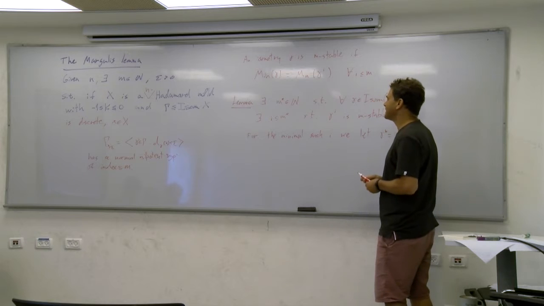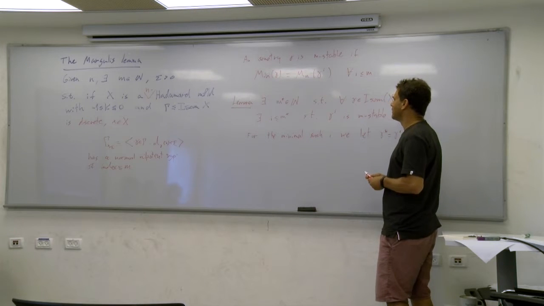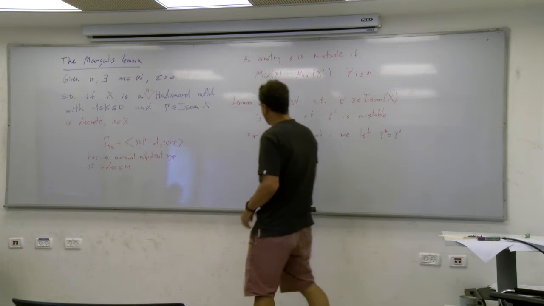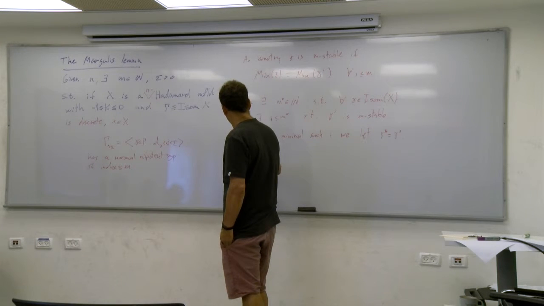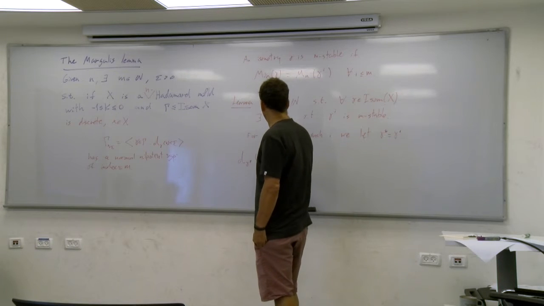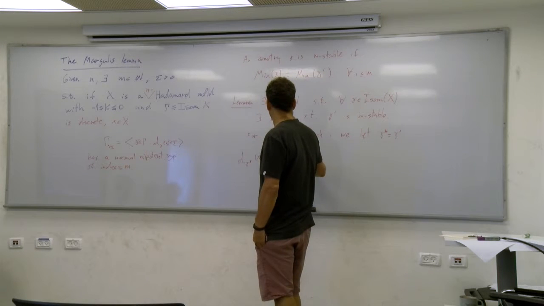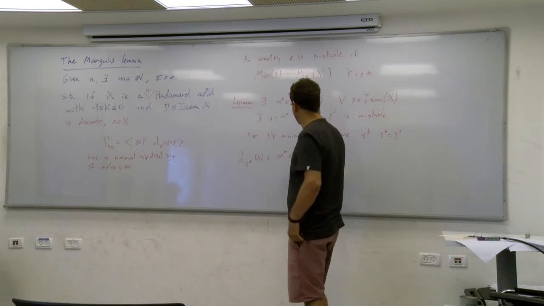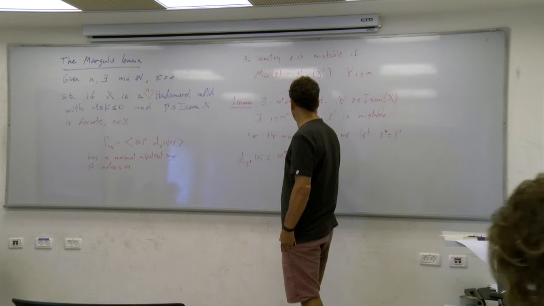And maybe I want to say one thing: the displacement of gamma star at any point x is at most M star times the displacement of gamma.